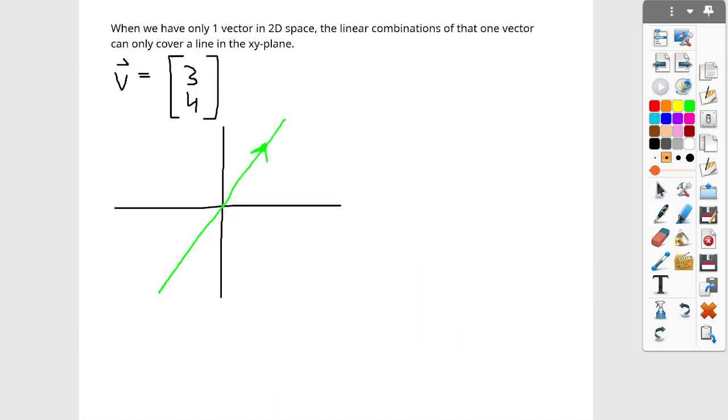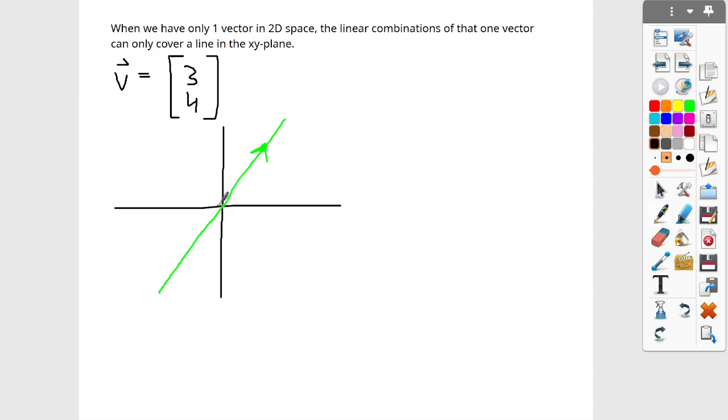Well, for the linear combinations in a 2D plane, because we have two vectors for now, if we have c1 and v1, and we could change c1 to however we want, that will span, and that's vocabulary that I probably shouldn't use, but that will determine a line in the plane.